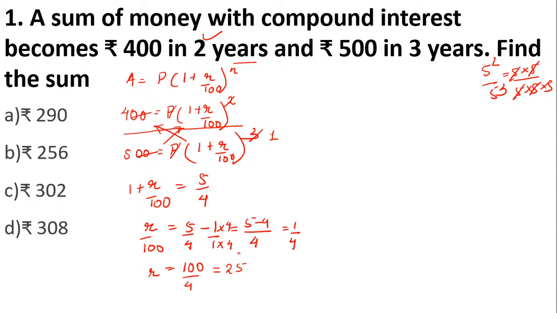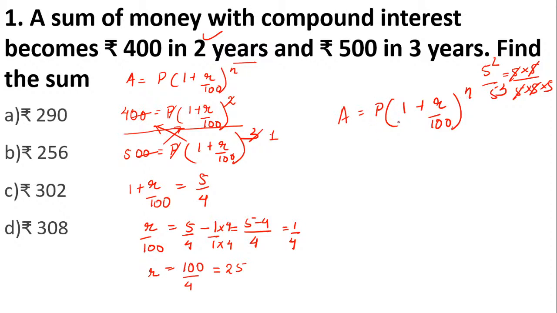Now student might be saying that ma'am, I've got, yeah, rate is not 1 upon 4, Swapna. It is 25%. Now, since we know this formula, A is equals to P into 1 plus R upon 100 to the power of N, we know the rate, we know the amount, we know the number of years.